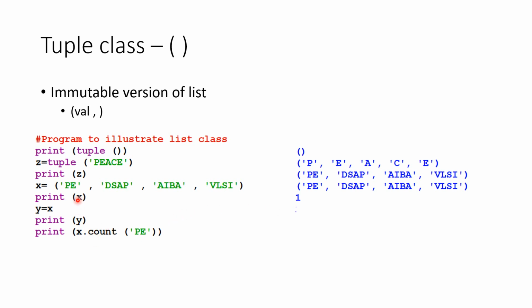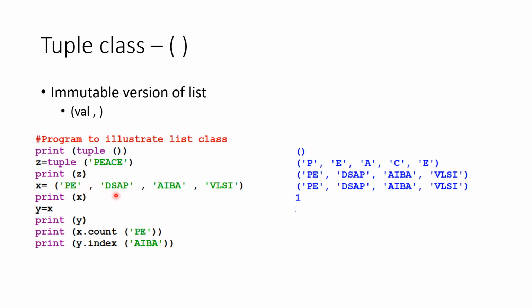And also we can find the index of a particular value by using the index method. Since we have references for both x and y, whatever operation I do on x, y also will be affected. So on y, if I use the index method, I can search for a particular string, iba. Do we have iba here?